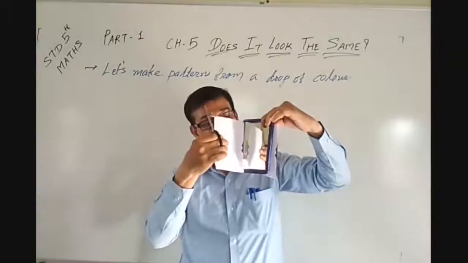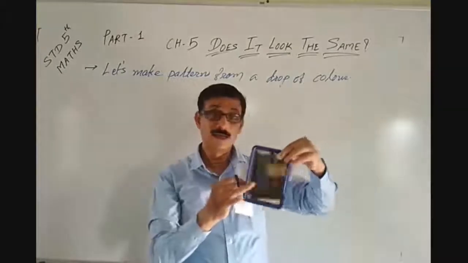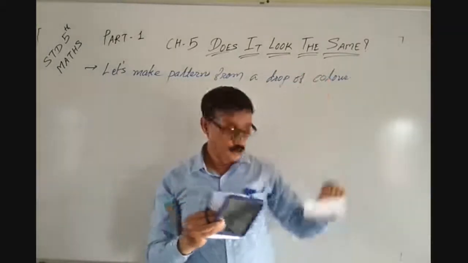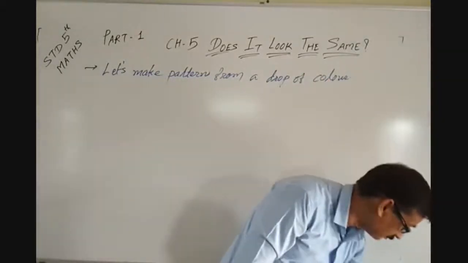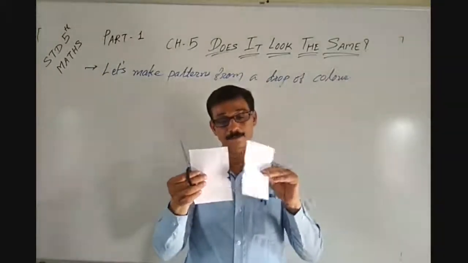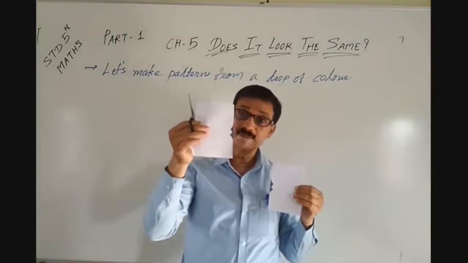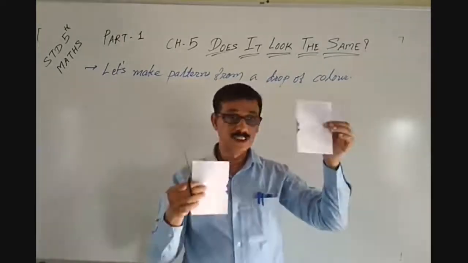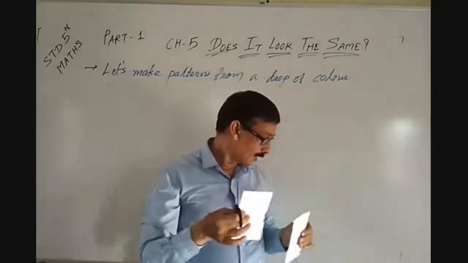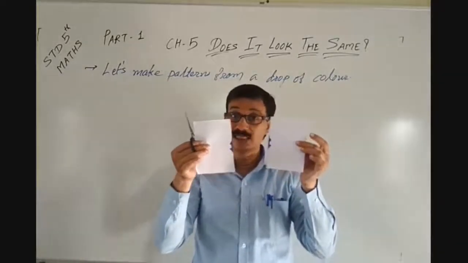You will find in the mirror a part like this. So both these parts are mirror parts. This is a mirror half of this one. So we have seen how to get this mirror half.